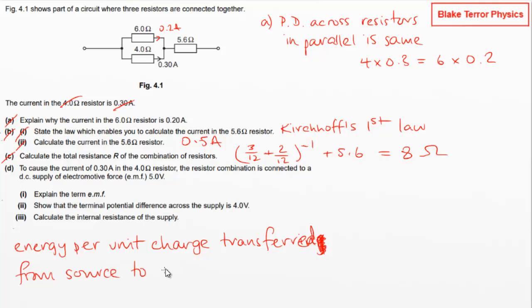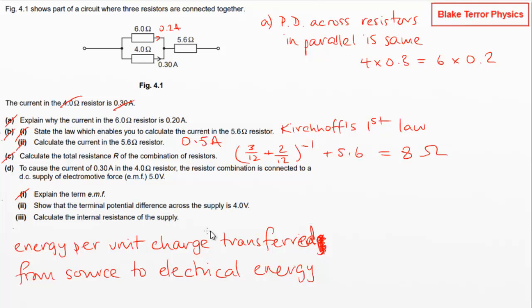So that's really the only difference between the definition of EMF and the definition of PD. We're still talking about energy per unit charge in both cases because they're both voltages, but it's where we're transferring from and to. EMF is transferred from source to electrical energy, PD from electrical energy to component. One's going in and one's going out.